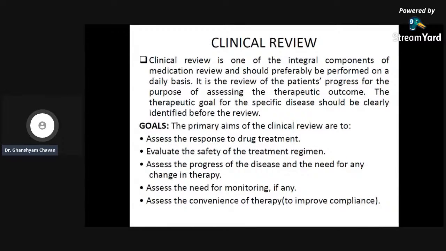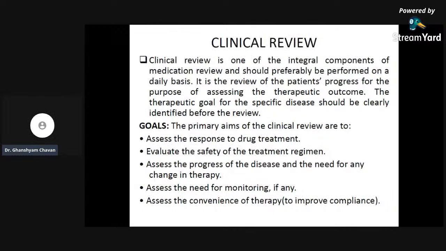It will improve drug compliance, meaning it will be expected and accepted by the patient, who will feel good to take that drug. Understood? So in this fashion we have discussed the convenience of therapy, which means you can modify the therapy at any time according to the patients, because we are working here for the patients. That is our basic goal.